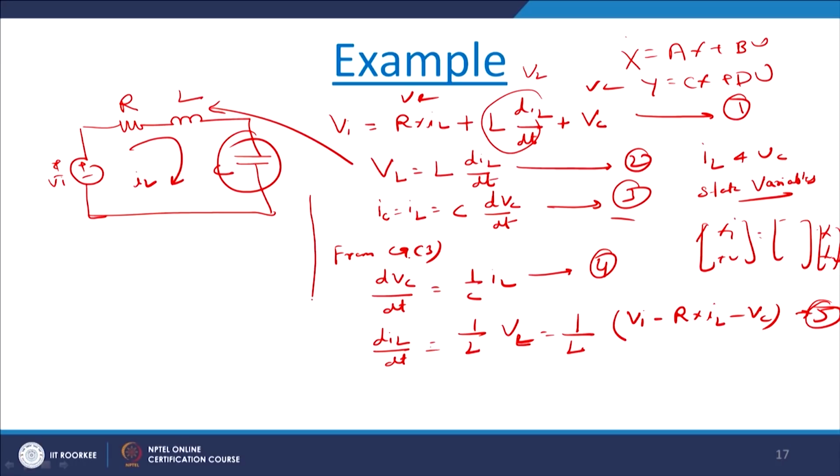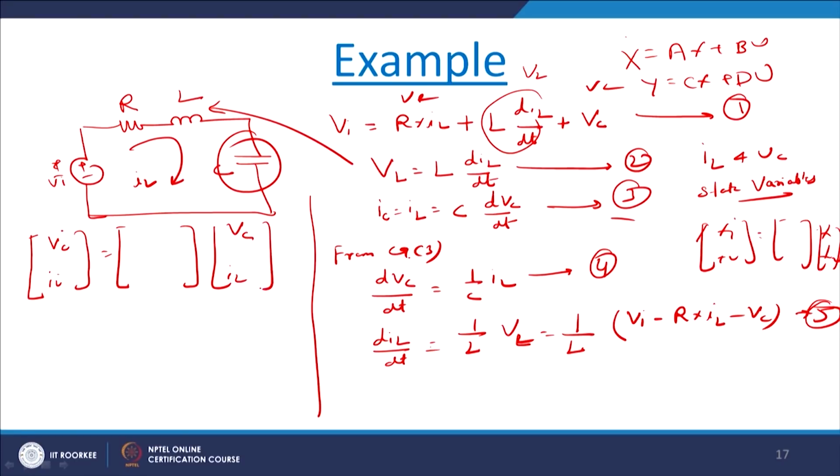Now what we want? We want a state space model. So we will write this as VC dot, this is dVC by dt, and here IL dot, and now this is VC and IL, that is x dot equals A x. Now VC dot equals 1 by C into IL, that means the part concerned with VC is 0, 0 into VC, and for IL it is 1 by C. And what is IL dot?